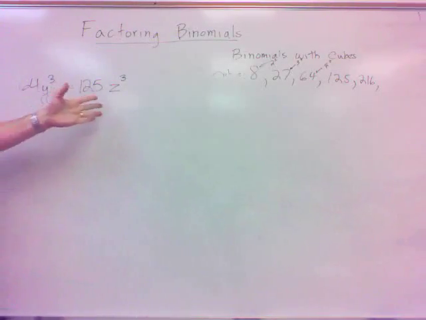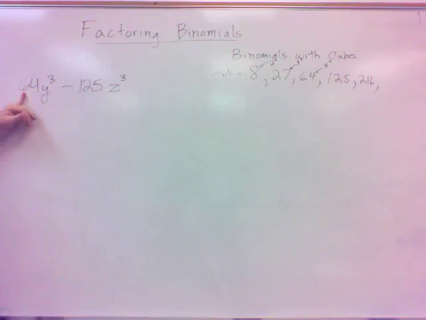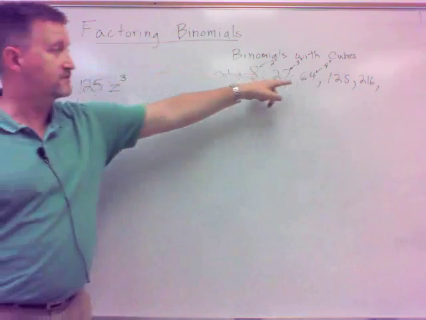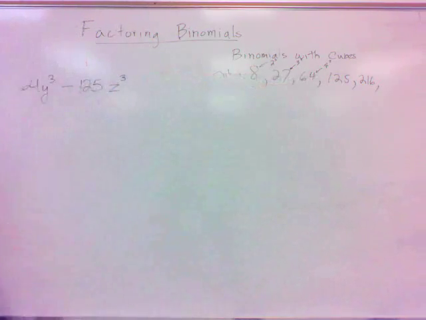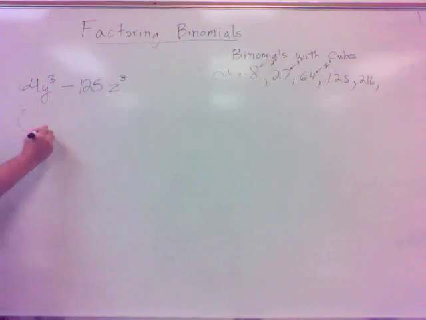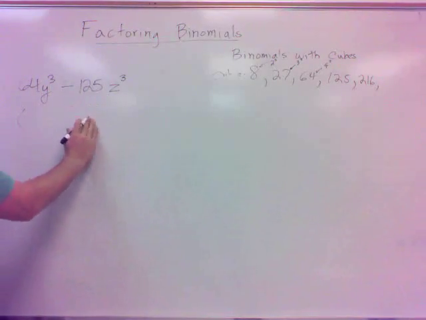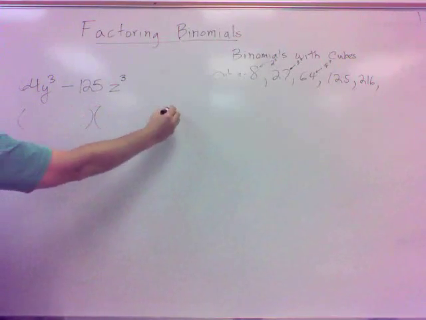However, nothing else is a square. So it kind of fizzles out with that square. But it is, however, cubes, isn't it? 64 is not only a square, but it's also a cube. It's 4 cubed. 125 is a cube. It's 5 cubed. So this is cubes, isn't it? This is a difference, again, of cubes. So I'm going to factor it using that formula. It's the binomial times the trinomial formula there.